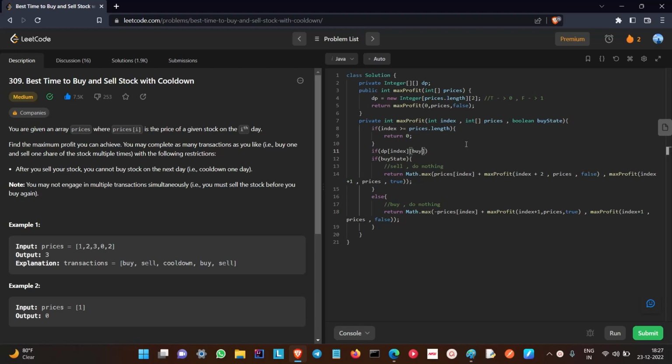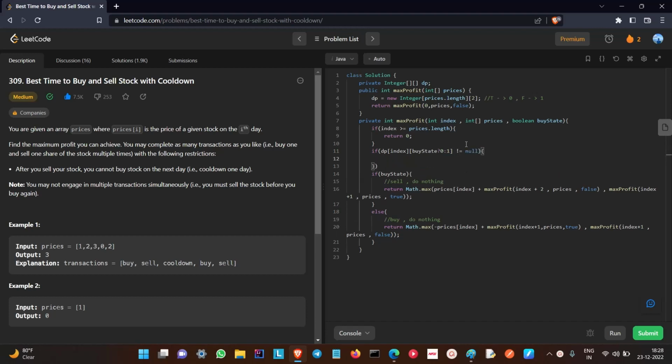So when the buy state is true, we need to check the value at the cell 0, or else if false, that is the first index. So if the value is not equal to null, we just return dp of index, buy state.